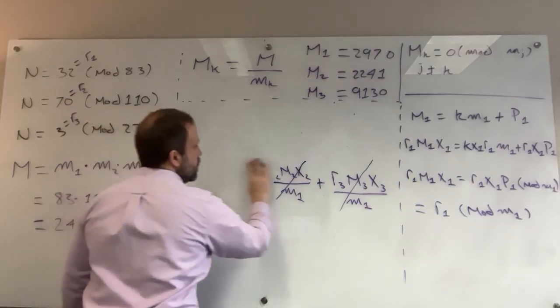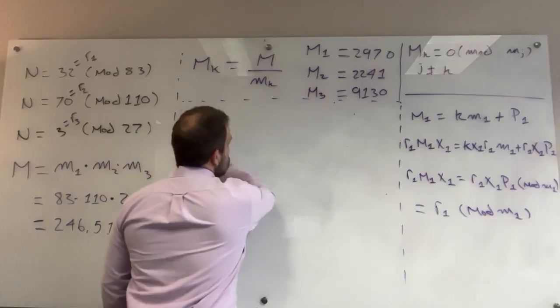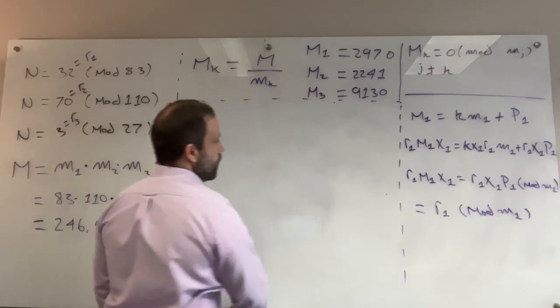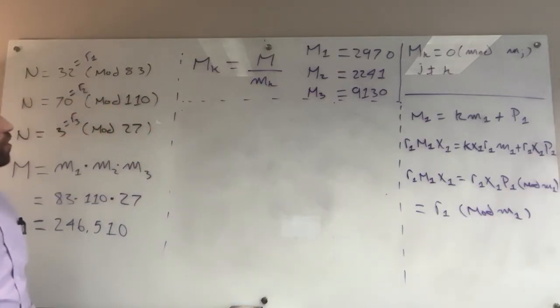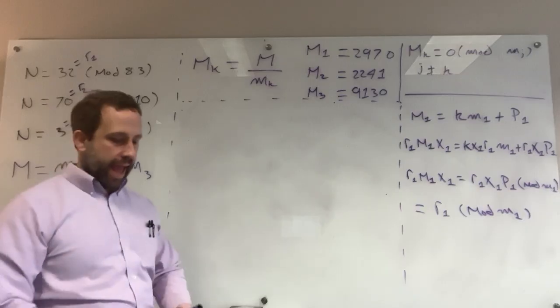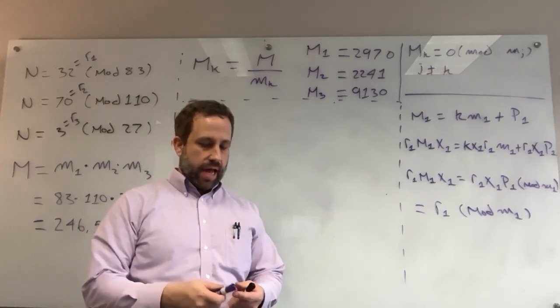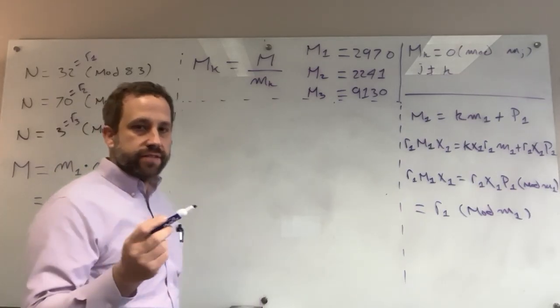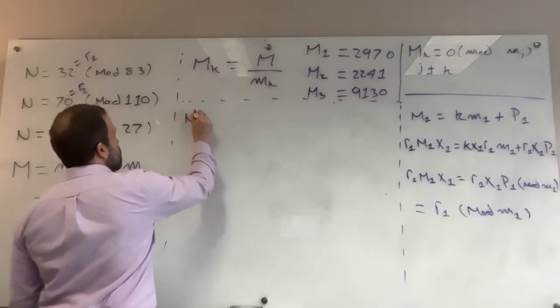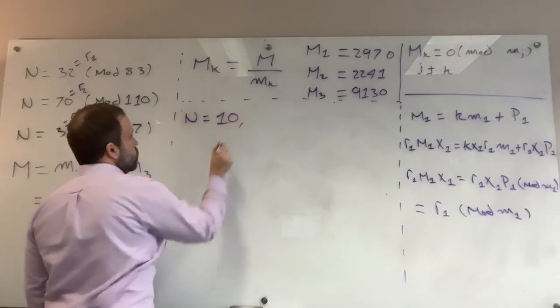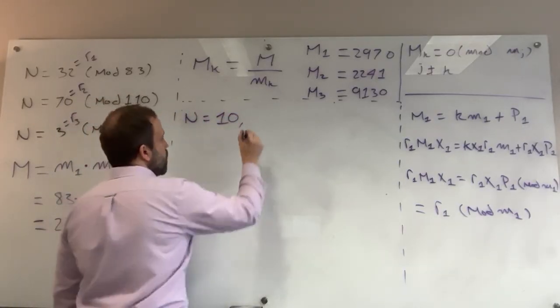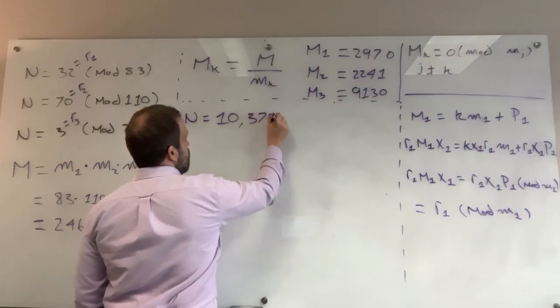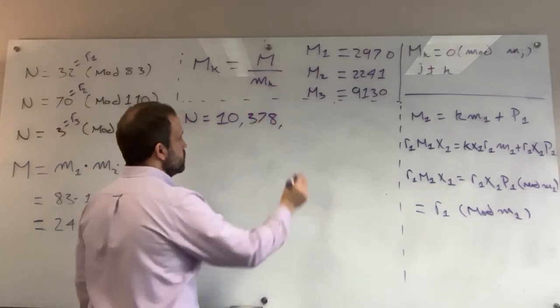So, using the values of r1, x1, and p1 that I gave, and plugging them in there, this gives that n is equal to 10,378,020.